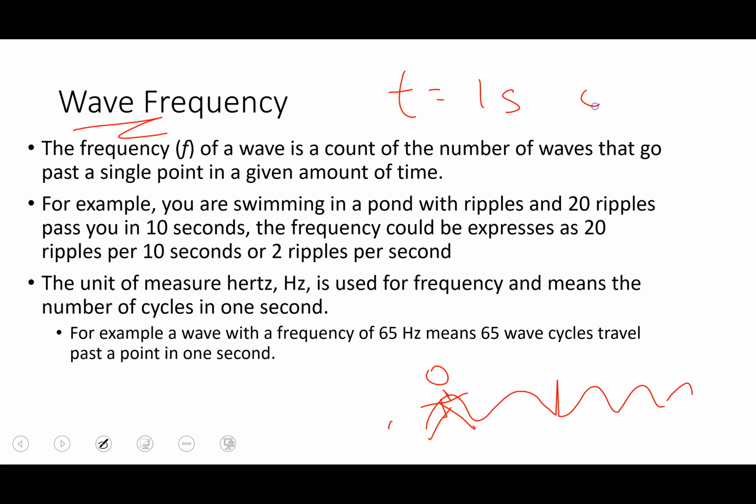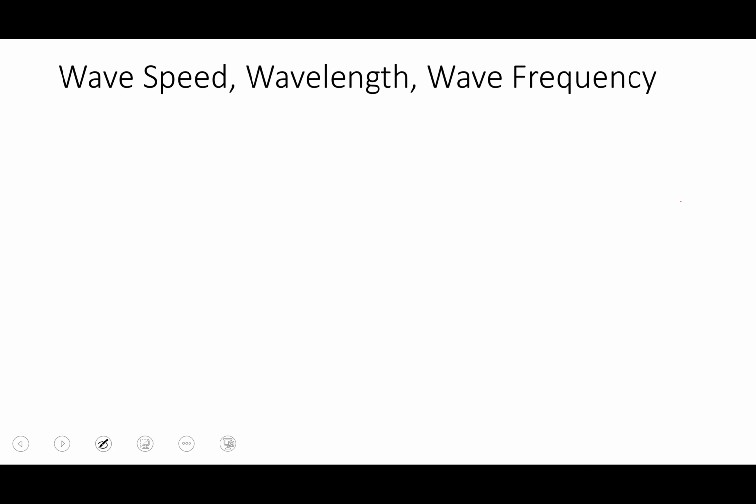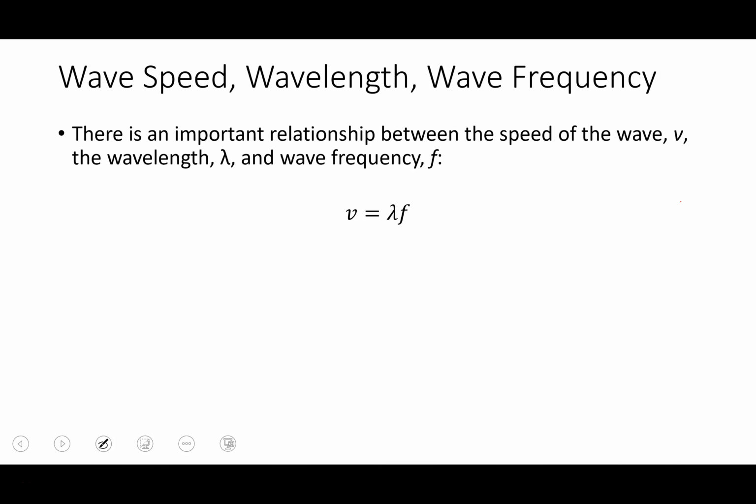So you could have 450 cycles per second. We call that 450 hertz, same thing. Hertz and per second are the same thing. All right? Okay. So the wavelength and the frequency multiplied together will give you velocity.